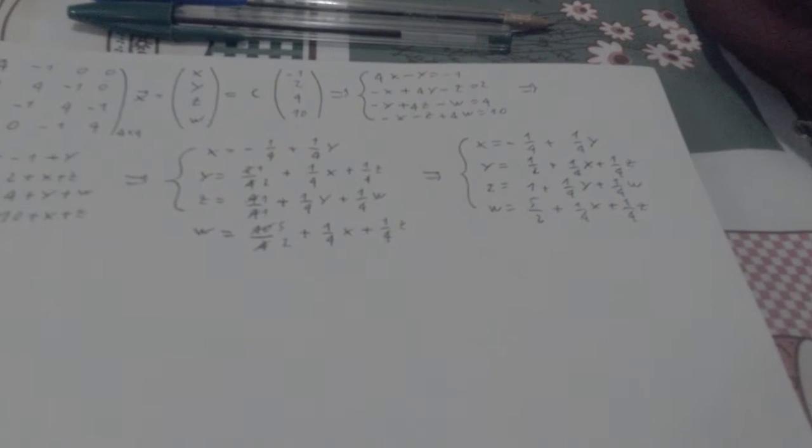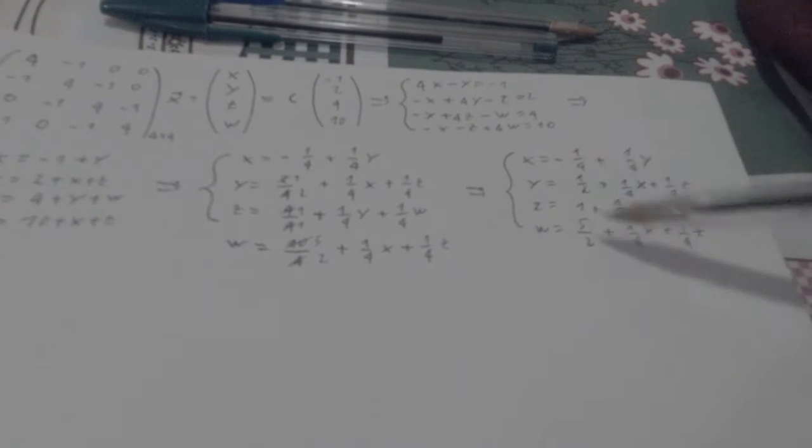Okay, so this is our system of equations, and now we can start with the iterations, as we always do. Iteration 1, step 1. I'm going to write the table here, as I always do: iterations and values.